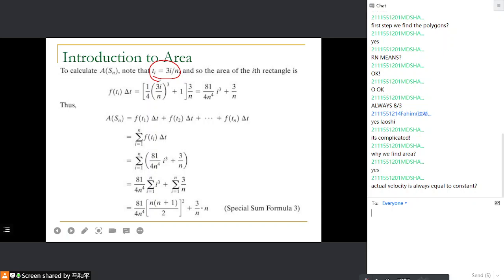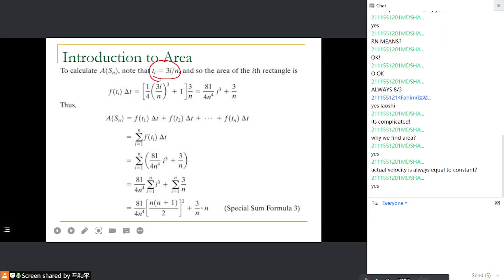Actual velocities are not equal to a constant, so that's why we explain this. The area of the i-th rectangle is f(t_i) times delta t. We calculate f(t_i) with t replaced by t_i, which is 3i over n, times 3 over n.